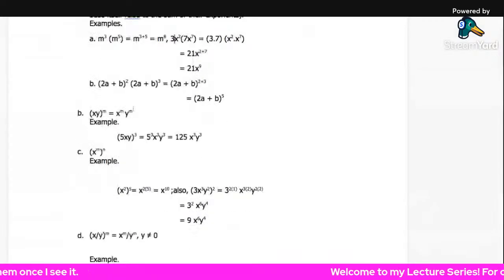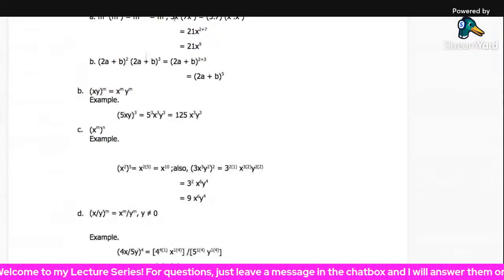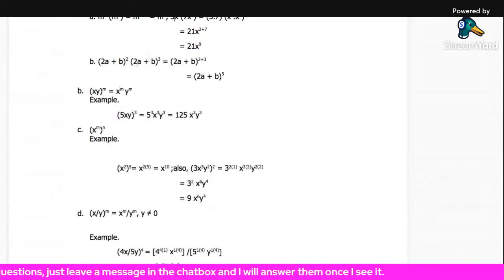Now we also have here the quantity 2a plus b squared times the quantity 2a plus b cubed. Now, the whole of this is being raised to 3, and same is true with here, which is being raised to the number 2. So you check out. So this will serve as the base. So we have 2a plus b, that's the base, and we also have 2a plus b.